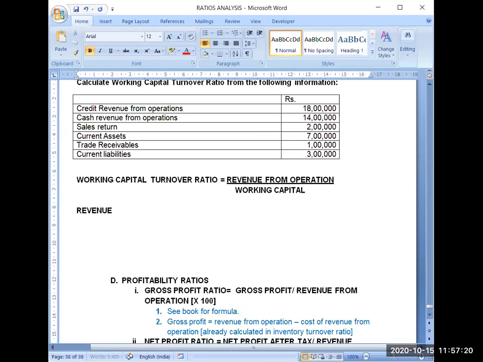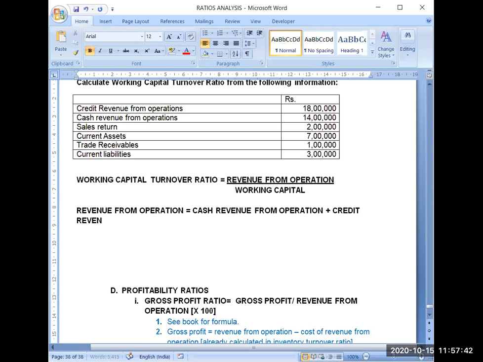Revenue from operation is equal to cash revenue from operation plus credit revenue from operation minus sales return.